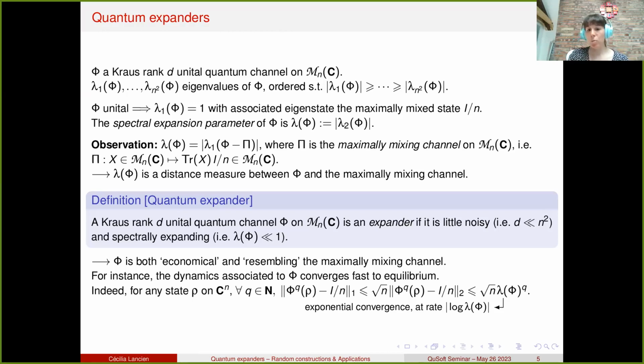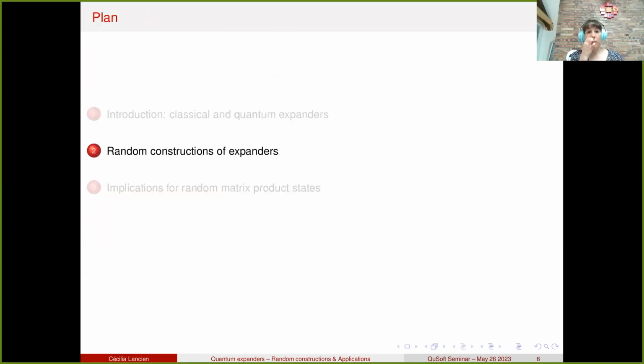Okay, so if there are no more questions, I will continue. And now, come to the question: how do these objects exist? What's the best you can do if you want to simultaneously have things that are sparse and resembling something that is very mixing?